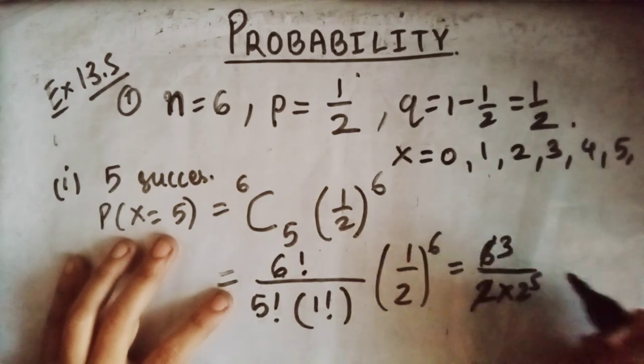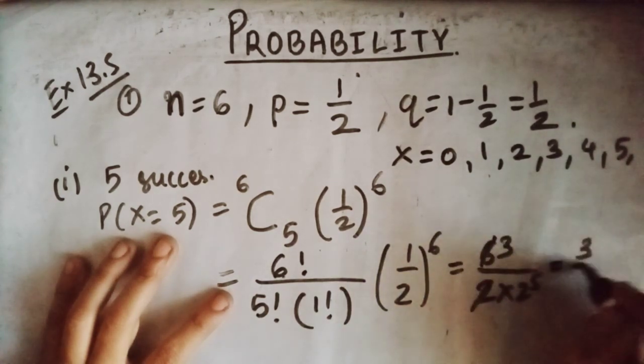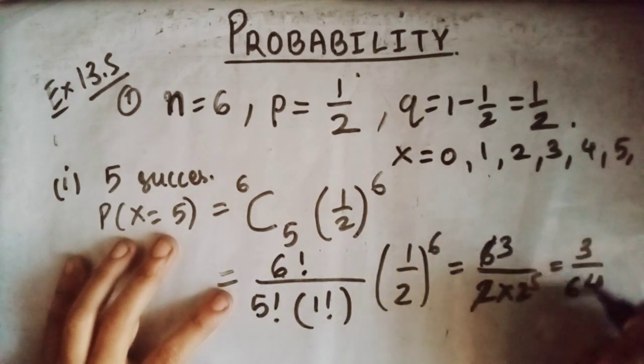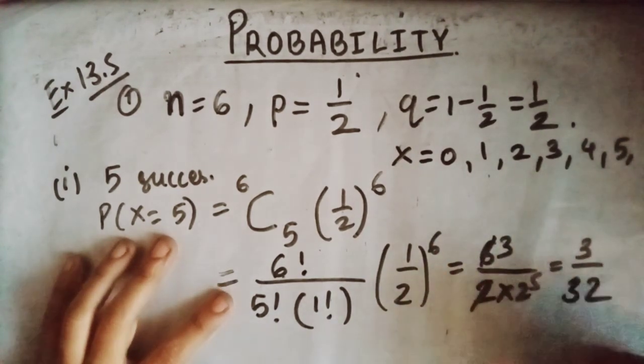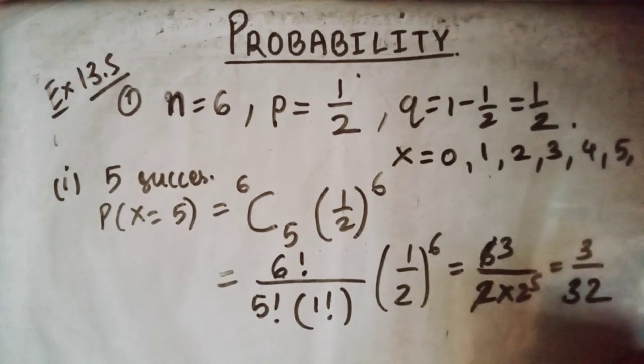This you can cut. So 3 upon 2 raised to 5, which is 32. So 3 upon 32.